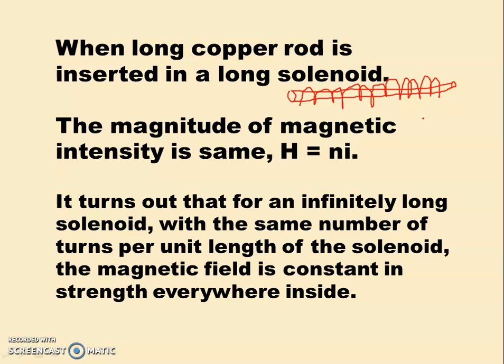In the long solenoid, the magnitude of magnetic intensity is the same, that means H is equal to n I. It turns out that for an infinitely long solenoid with the same number of turns per unit length, the magnetic field is constant in strength everywhere inside.